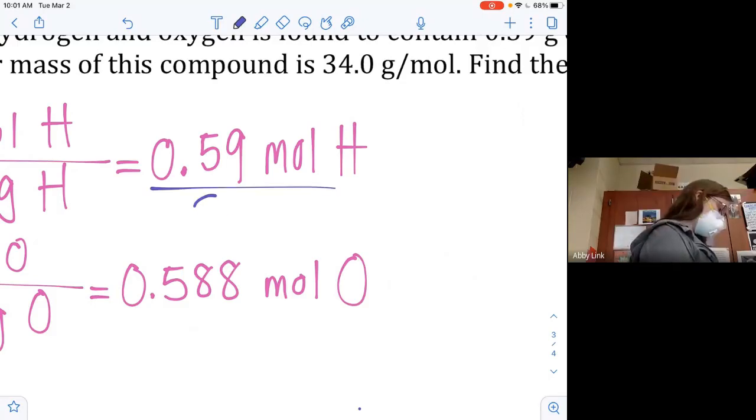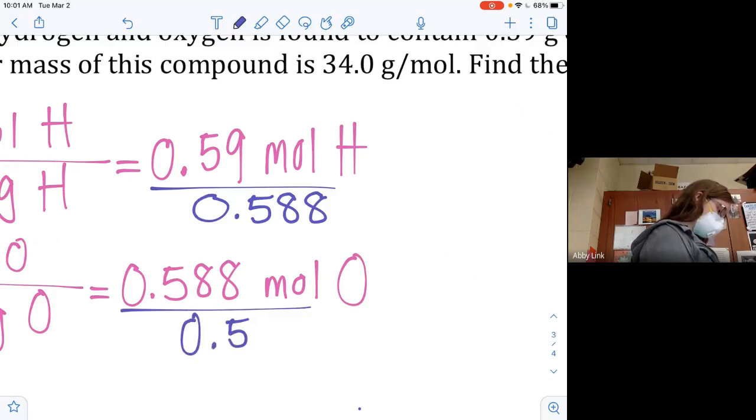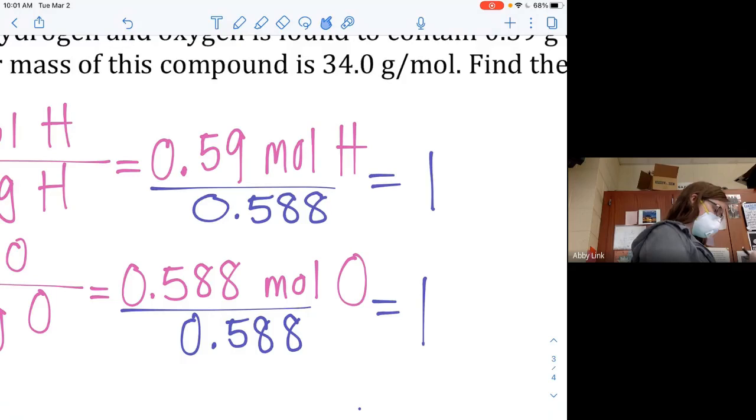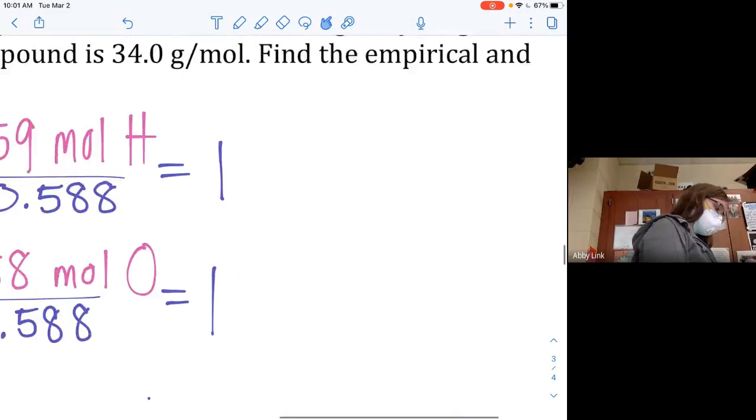So if we divide both of these by the smallest mole amount, 0.588, what's going to happen? This is actually going to come out to be just around 1. And we know that 0.588 divided by 0.588 is going to come out to be 1 as well. This will happen. Sometimes you'll come out with the same subscript for your elements in your empirical formula.